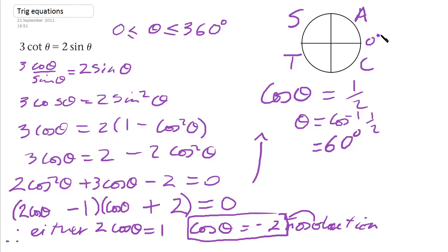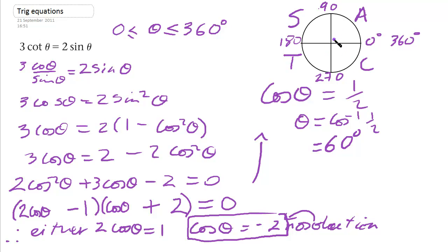This being 0 degrees here, 90, 180, 270, and that brings us back to 360. If you're going the opposite direction, then you're going to go minus 90, minus 180, minus 270, minus 360. But as we're only doing 0 to 360, we can just leave it like this.